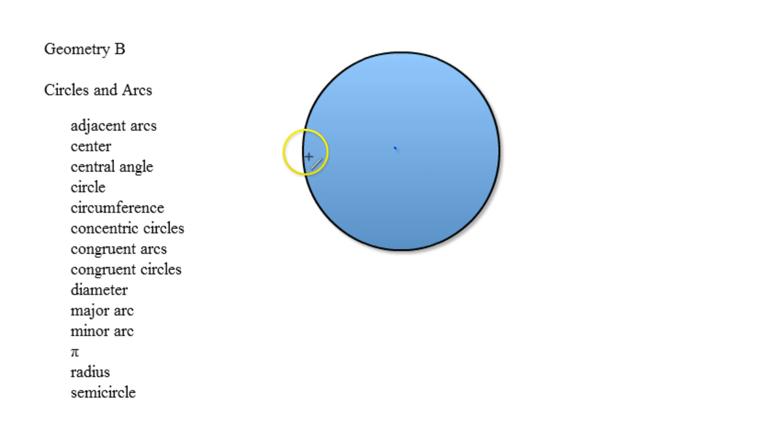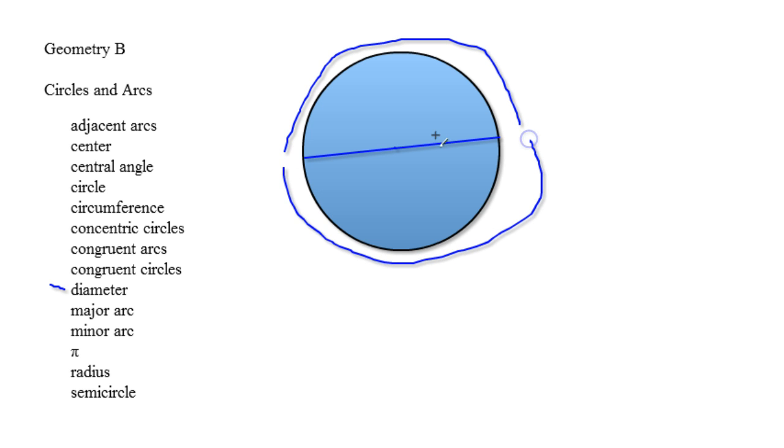Okay, so if I draw a line, and we would call this a chord, right through the middle, and it connects to the other side, that would be what we would call a diameter. So diameter, checked it off the list. Now the diameter divides the circle into two semicircles, a semicircle going this way and a semicircle going this way.